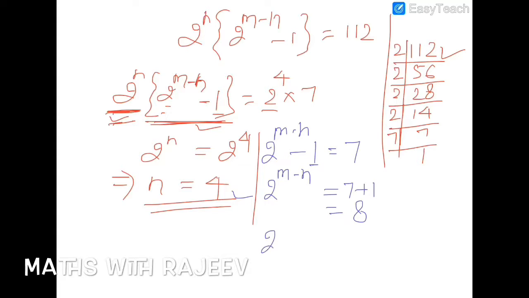It can be written as 2 power m minus n is equal to 2 power 3. Now this implies that m minus n is equal to 3. Again from here we can say m is equal to 3 plus n.